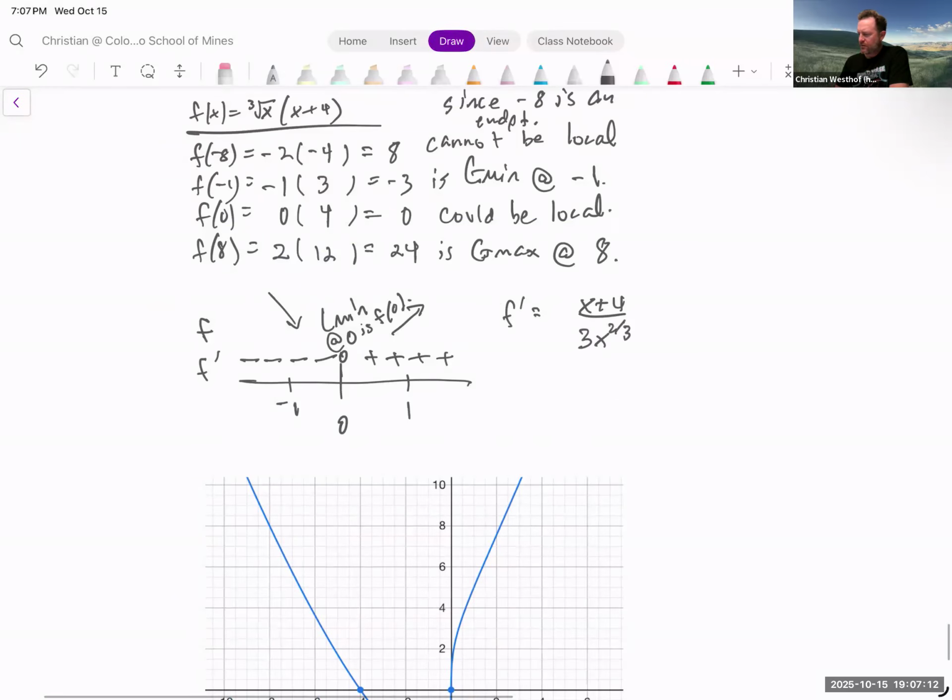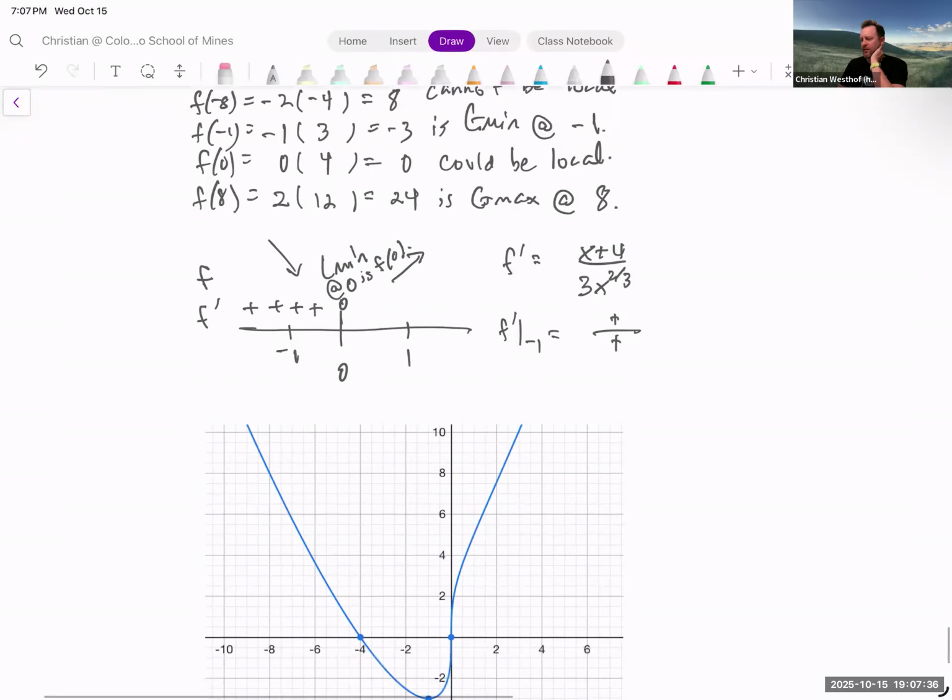If we tested a -1, f prime at -1, we're going to get a positive 3 in the numerator, so plus, and then the negative in the denominator gets squared, so it's plus.